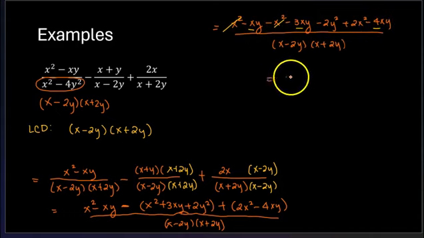So that would become negative 8xy. Oh, I still have a 2x squared here. I didn't see that. Okay, I just canceled this, but I have a 2x squared here. And then I have 2y squared here.